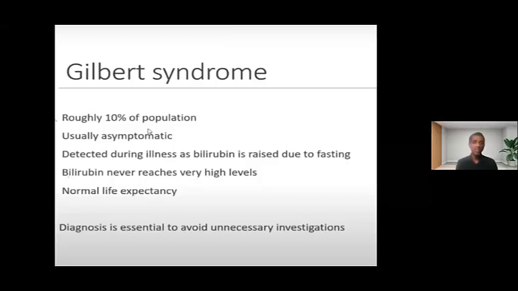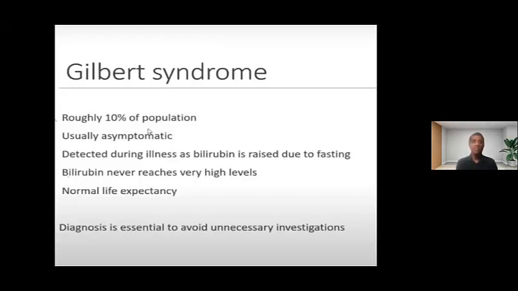They are usually asymptomatic, detected during illnesses, as bilirubin is raised due to fasting, intercurrent illness, or sometimes drugs. And it never reaches very high levels, maybe less than 50 micromoles, never more than 5 milligrams per deciliter.